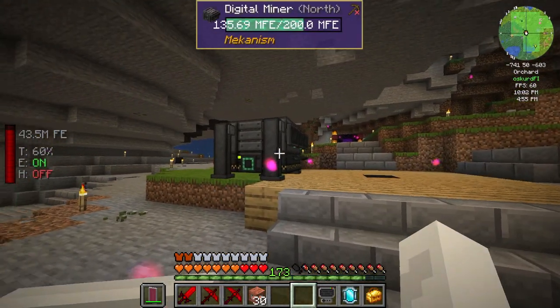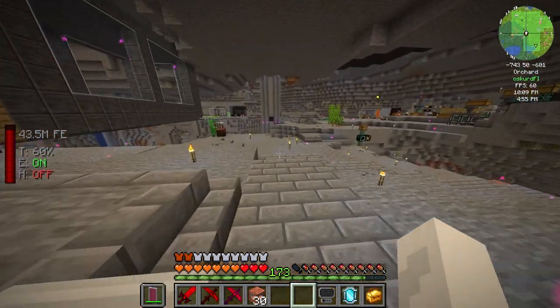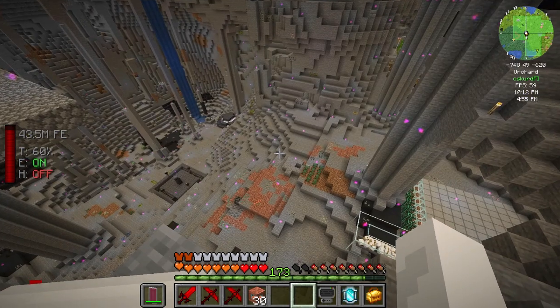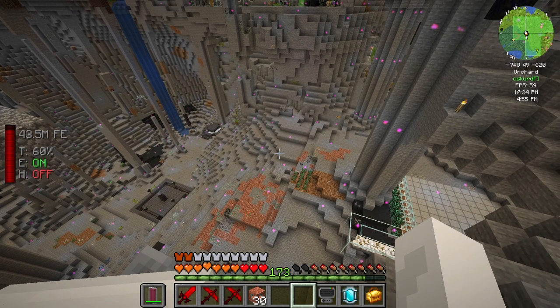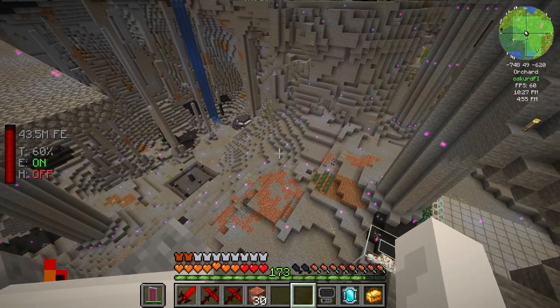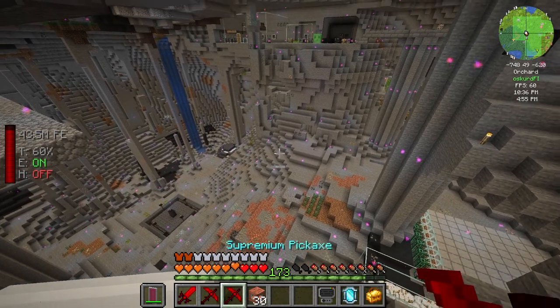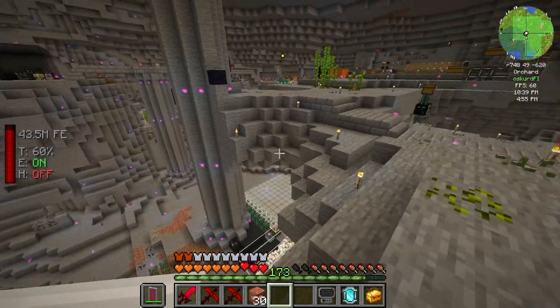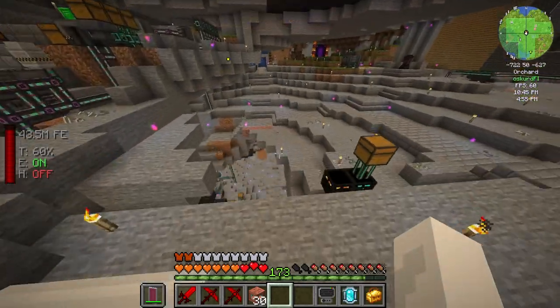I put this digital miner mining all coal from this particular area, and it was with silk touch. And after all blocks were done, I think it was like 1.4k blocks. I built this whole area full of those coal ore blocks, and then of course with vein miner and with my Fortune 5 pickaxe, we got a bunch. Where the hell was I going here?